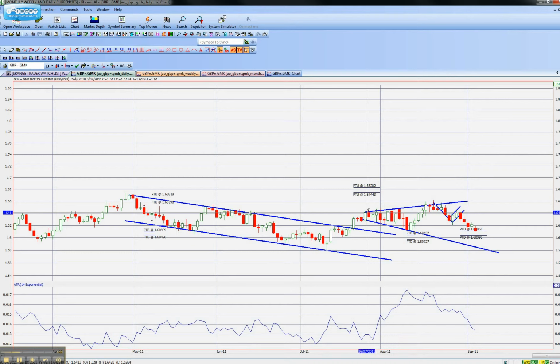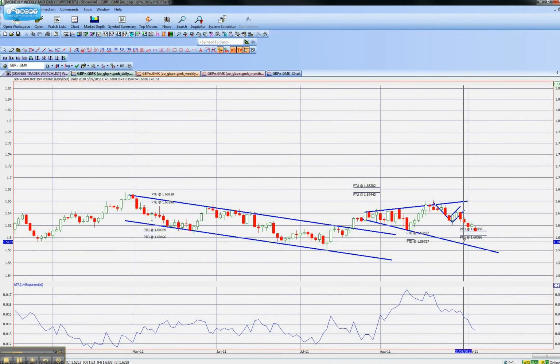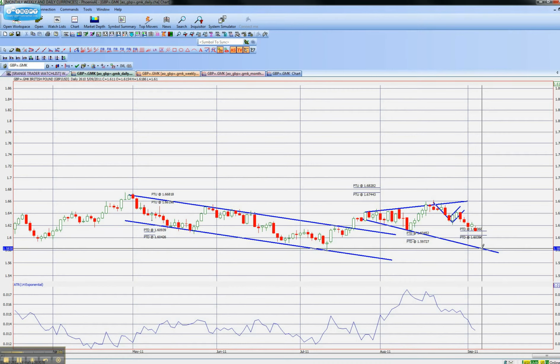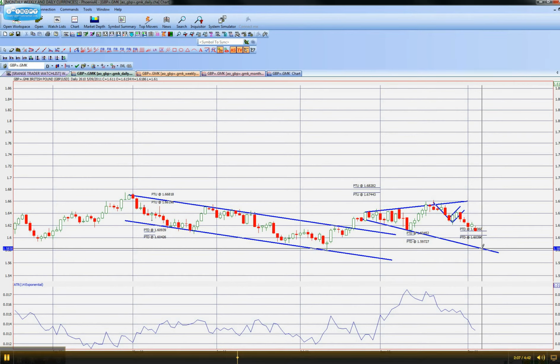It was a horn formation, which usually represents a change in direction of trend. So, on the bottom of that horn there, at this level here, it's the 158 level, another 200 pips from where it is roughly now.